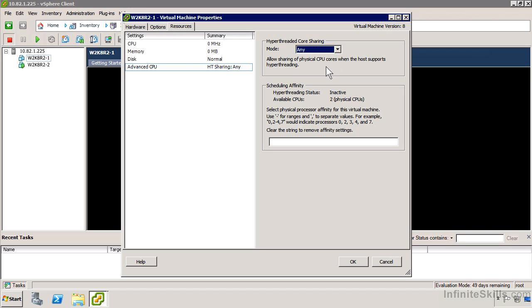Generally, you're not going to want to mess with this, but typically whether we should share physical CPU cores when the host supports hyperthreading. This helps us to avoid the problem of waiting for multiple CPUs to all be ready at the same time. A lot of people do like creating their virtual machines with 2 virtual CPUs, as I said.